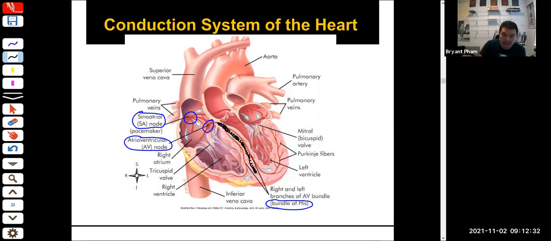And then what happens is your bundle bifurcates. Keyword here, bifurcates. What does bi mean? Bifurcates, so it means two, it splits into two.